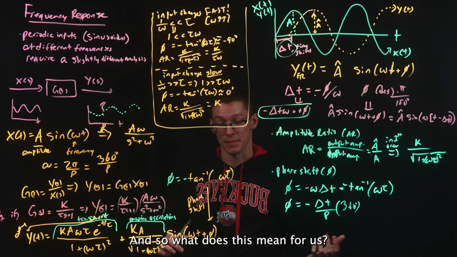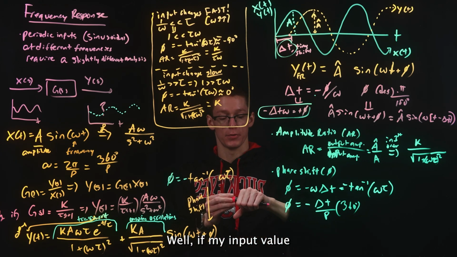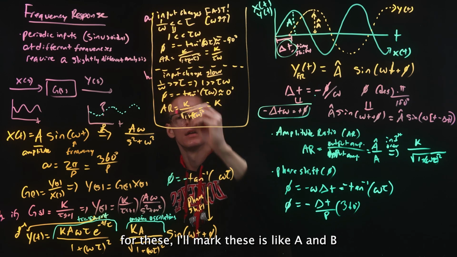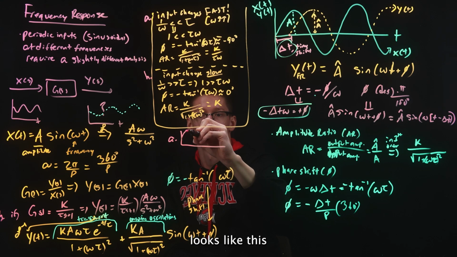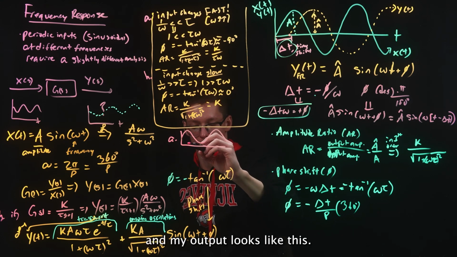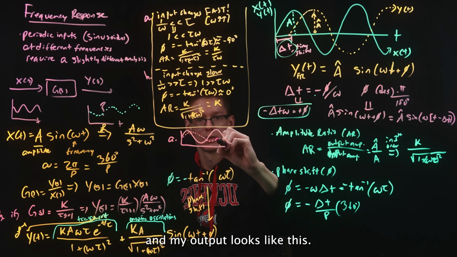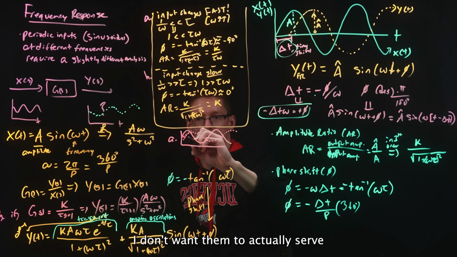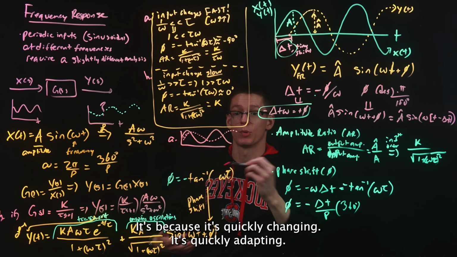And so what does this mean for us? Well, if my input value for these, I'll mark these as A and B. In A, my input looks like this, and my output looks like this. Notice that they're very different. I don't want them to actually start off at the same point, but notice that they're very, very different. It's because it's quickly changing, it's quickly adapting.